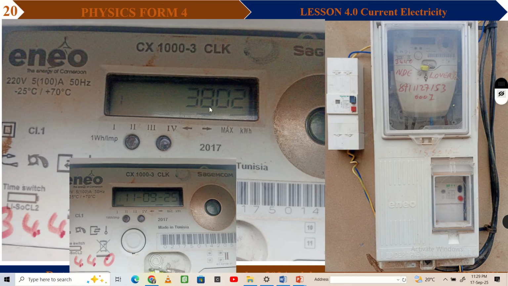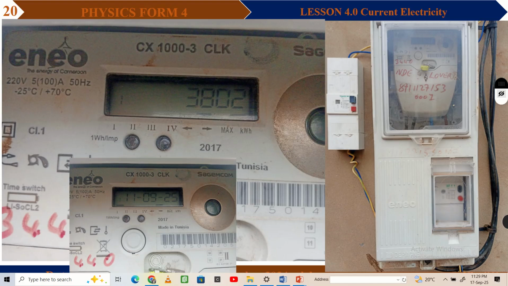The last time I read this was last year on the 23rd of December. It was 3,440 kilowatt hour. So if we take 3,802 kilowatt hour and subtract 3,440 kilowatt hour, you will know the total energy we have consumed for that period.